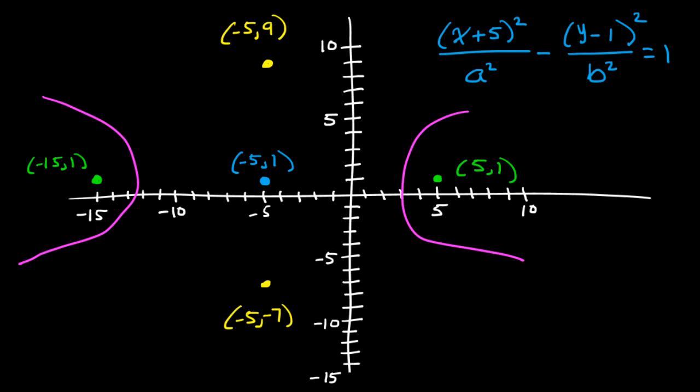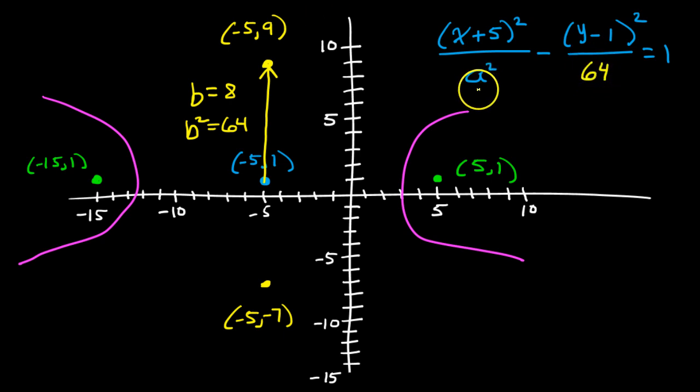B squared. Well, b is the distance from the center to a covertex. So I can find that. So that's from 1 to 9. That's a difference of 8. So that tells me that my b value is 8, which means that b squared is 64. So I know my b squared, so now I can go ahead and put 64.